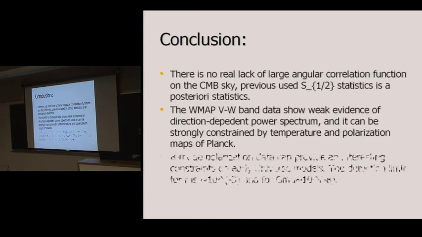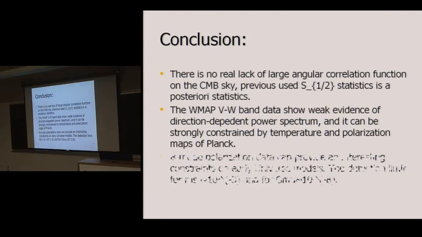Okay. My conclusion for the three parts of my talk: basically, we test the anisotropy of the CMB from different perspectives. The first one, there is no real lack of large-angle correlation function on the CMB side. And the second part, we try to test this anisotropy, this modulation of the primordial power spectrum, for the Planck satellite.